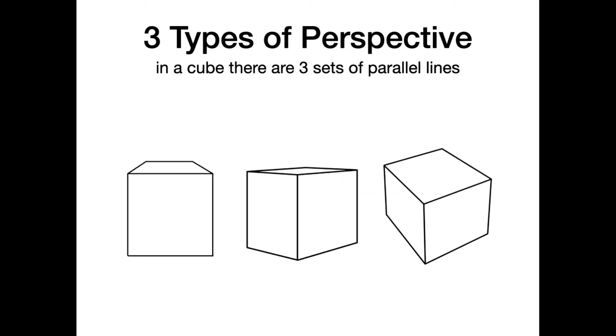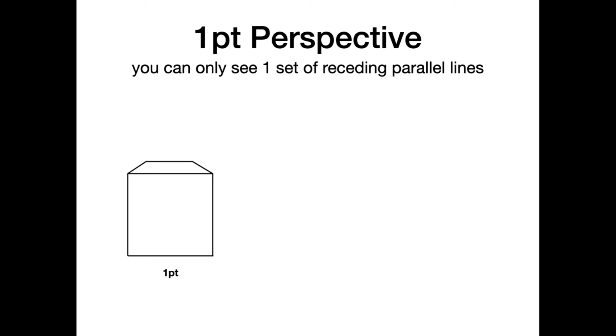So that means there are 3 types of perspective because there can be up to 3 sets of parallel receding lines in a cube. If you remember, I said that all receding lines that are parallel to each other will converge at the same point.